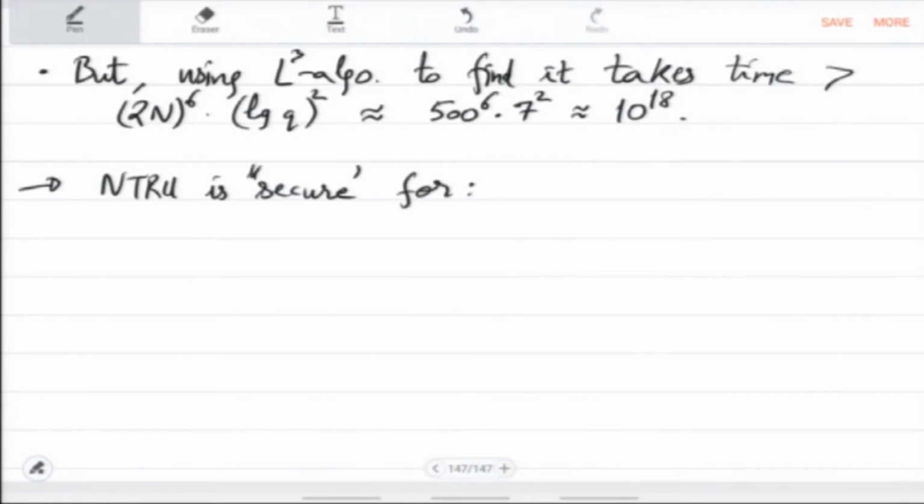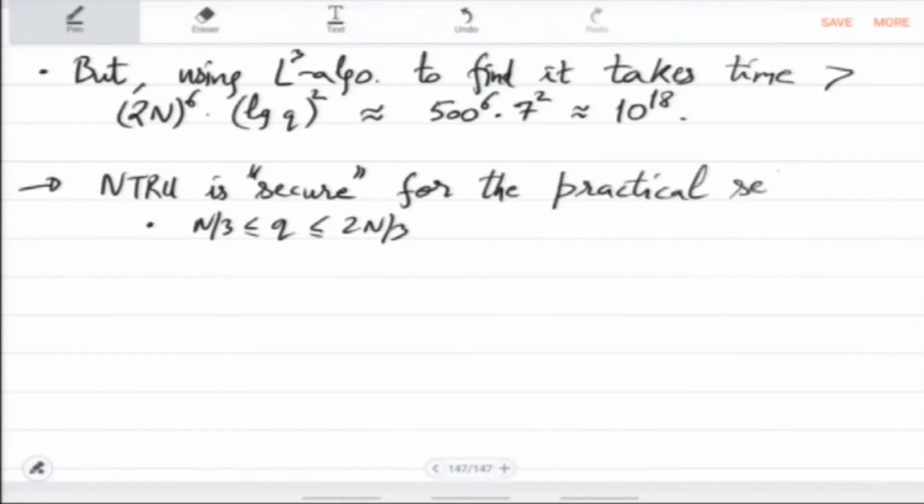Take q to be around n. In practice it is taken between n by 3 and n by 3. N is taken to be at least 251.